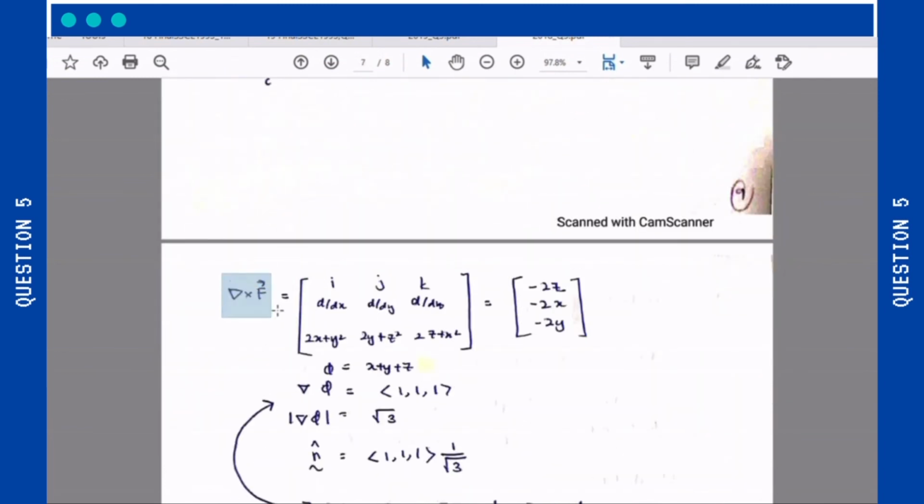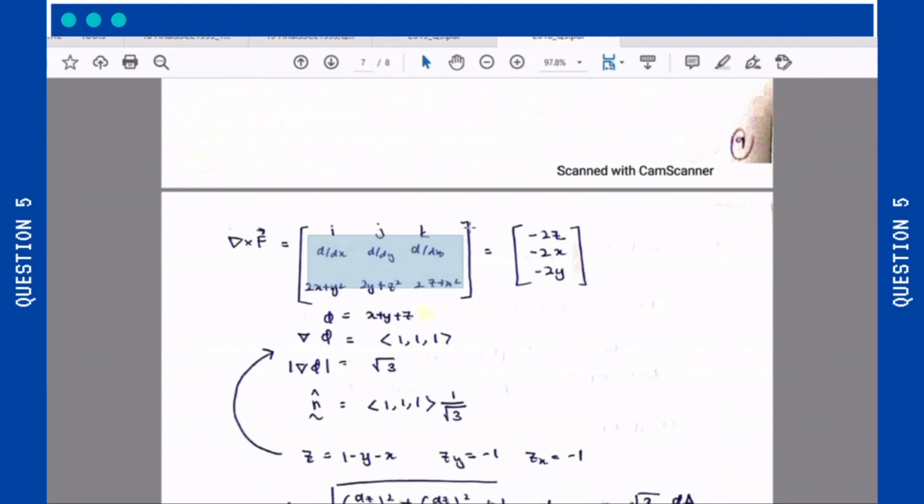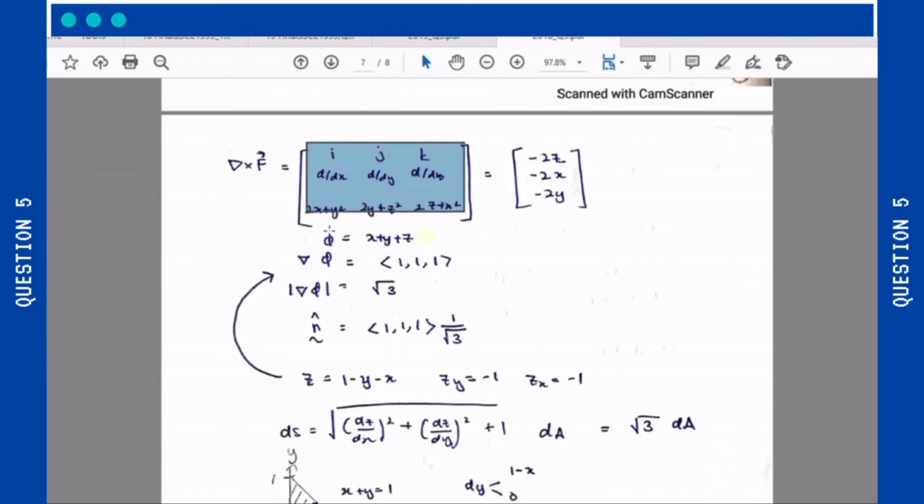So to find the curl of the vector function, we insert it into the formula. We get i with negative 2z, j with negative 2x, k with negative 2y, and we also know that phi is equal to x plus y plus z.